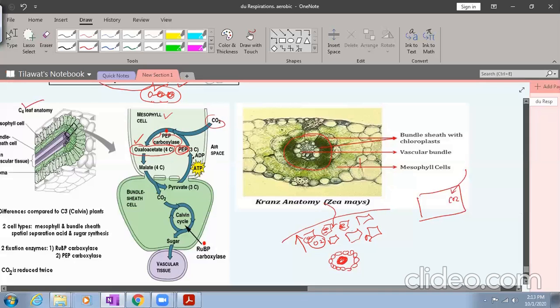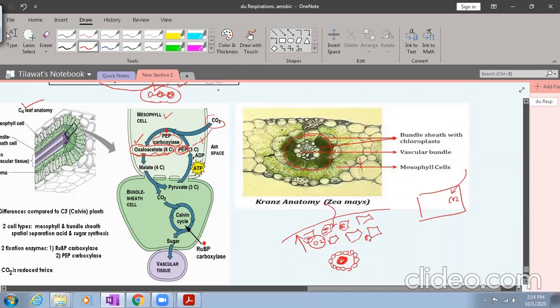This PEP will combine with this carbon dioxide, and that will make what? Oxaloacetate. This is a 4-carbon molecule. This is the first product that happens after fixation of carbon dioxide.